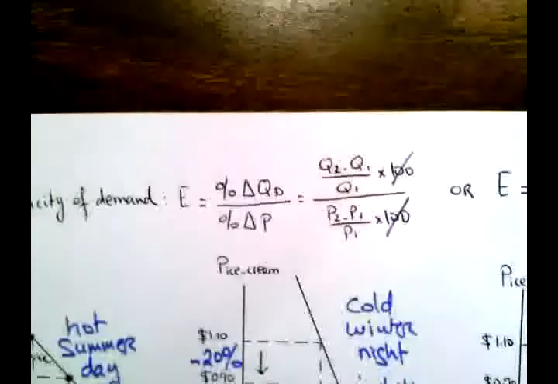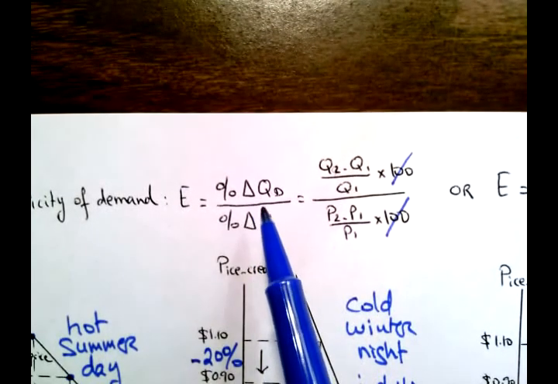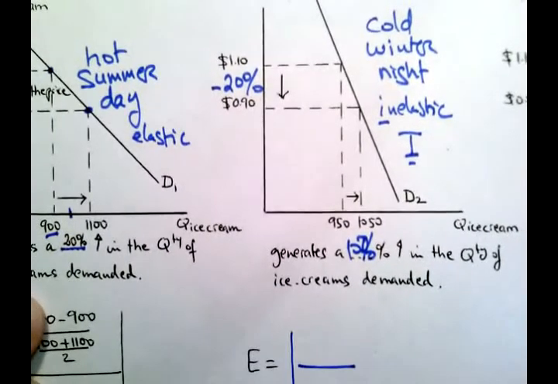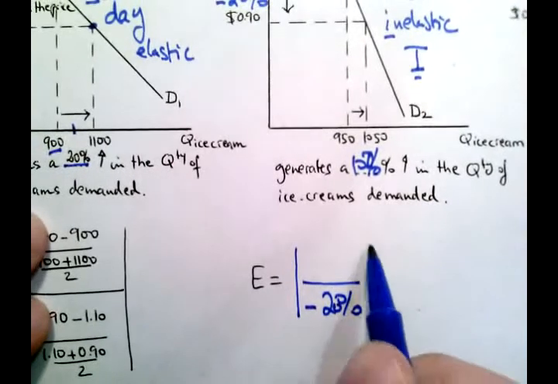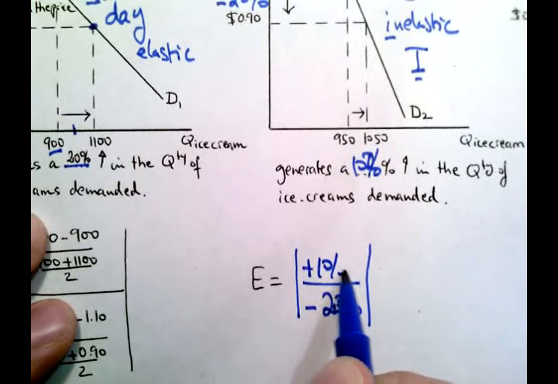Again, the elasticity will be the percentage change in quantity demanded at the top, over the percentage change in price. So we already know that was a drop of 20% of the price, and quantity demanded as a result increased by 10%.